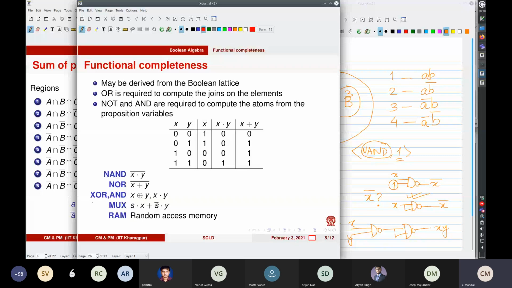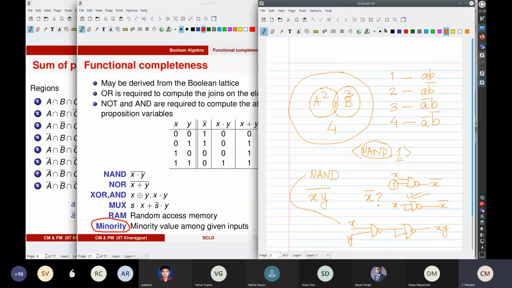XOR and AND is another combination of Boolean functions that is functionally complete. Up to here I have covered. The minority function I leave to you as an exercise, to establish its functional completeness.